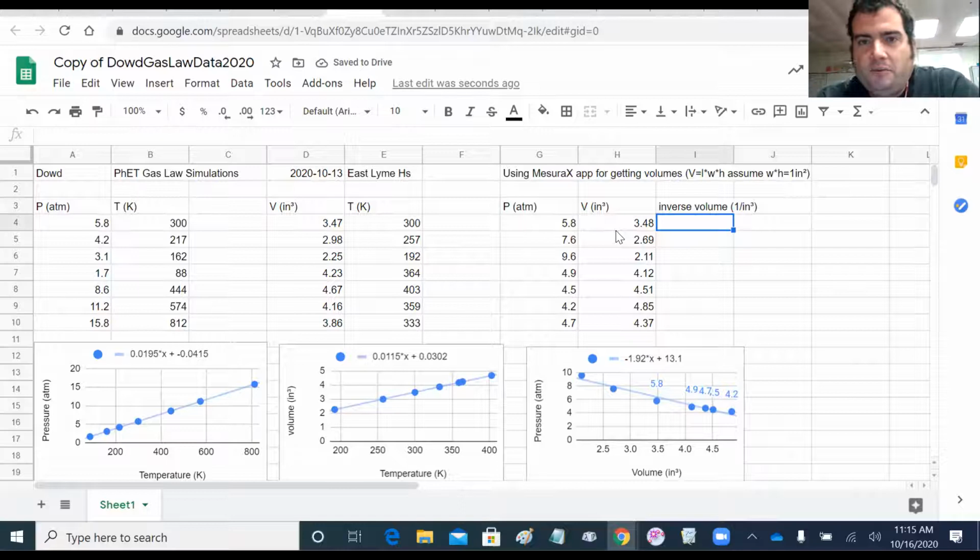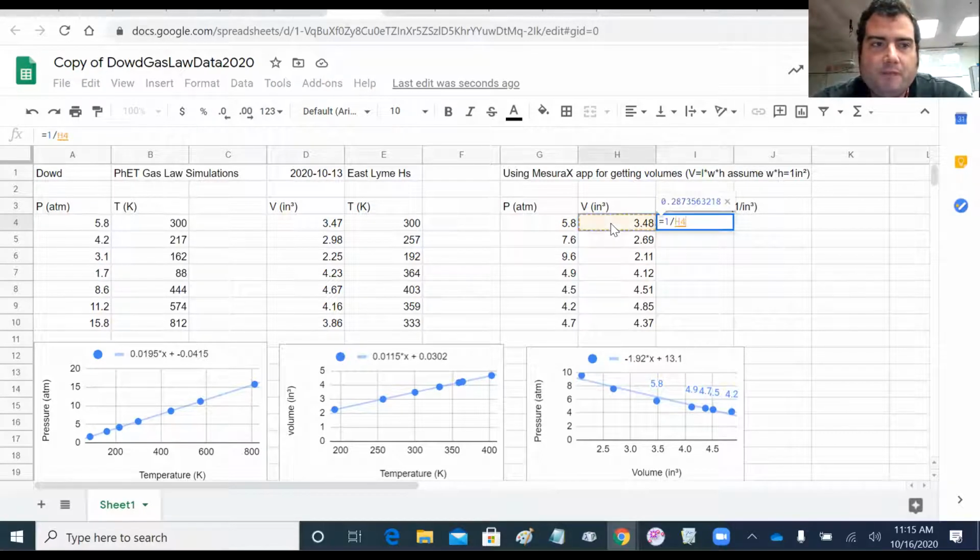And here's how you enter the formula. Equals tells the spreadsheet that this is a formula. And the formula we want is 1 divided by volume. 1 divided by. Then you click your first volume. Notice it didn't put 3.48, it put H4, the cell coordinate.